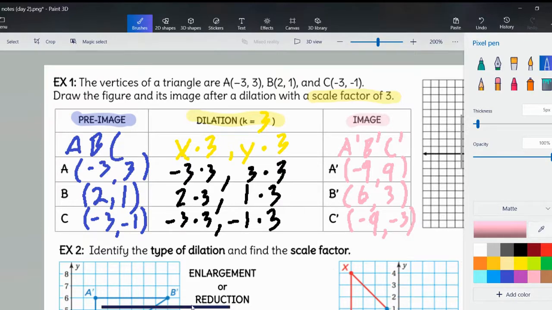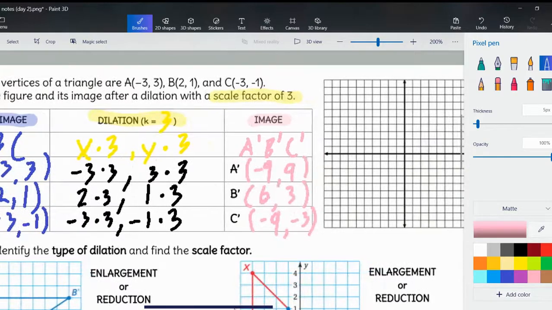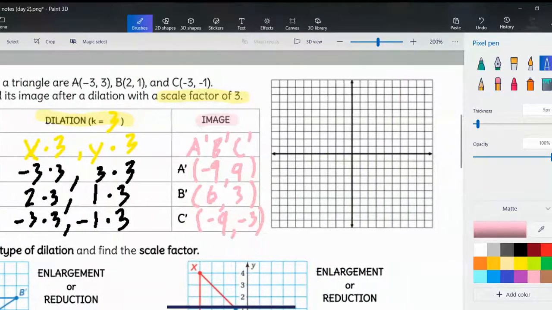All right, and if we scroll over a little bit, we should still be able to see my points because I have my pre-image values up here, so we can just use those. We don't need to look at the blue ones. I just copied those down over there.